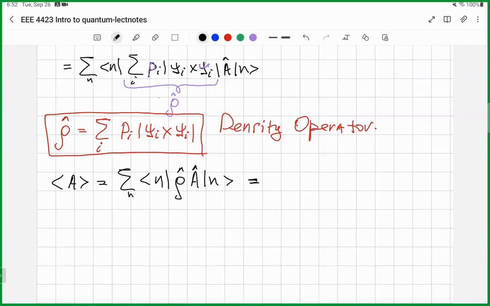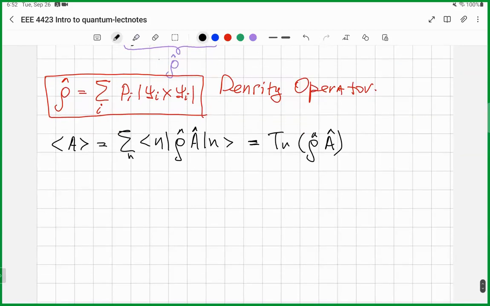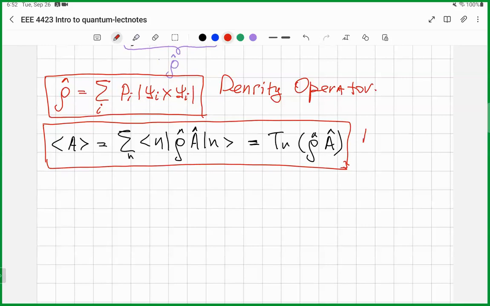So this is exactly the summation over diagonal elements, and we can write this simply as trace of rho A. This is another important formula, which basically states that in order to find the expectation value for any observable A, we can simply take the trace of the operator A with the density operator.